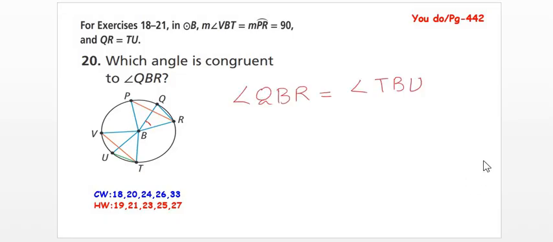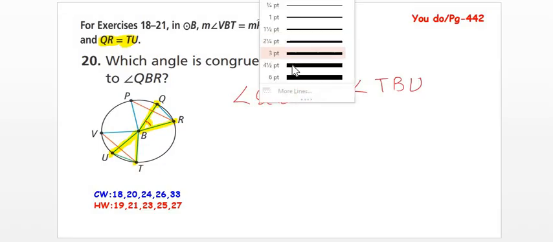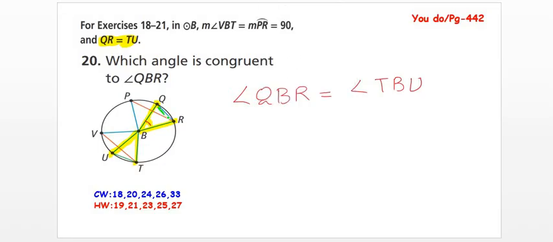How do I know this angle QBR? The question is about the angle QBR. Look at this, angle QBR will be equal to angle TBU. How do we know? Let me show you. Here we have a very small chord.